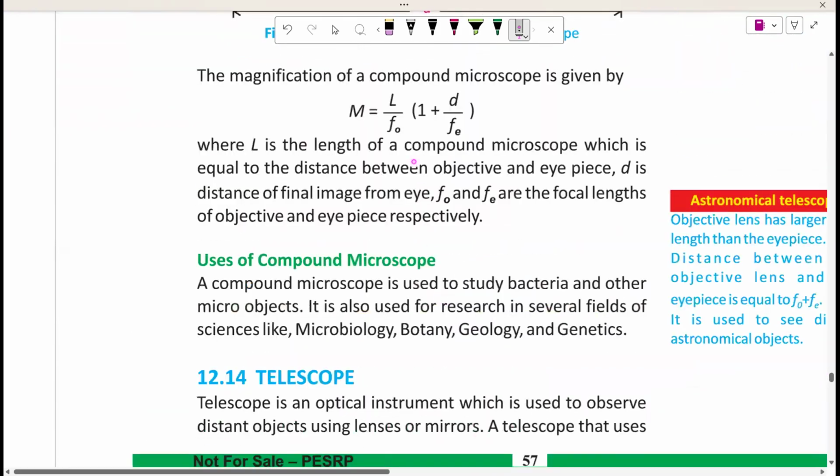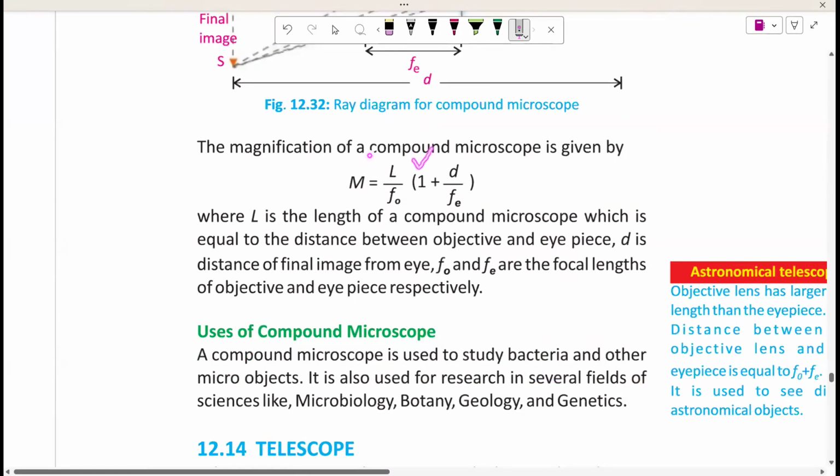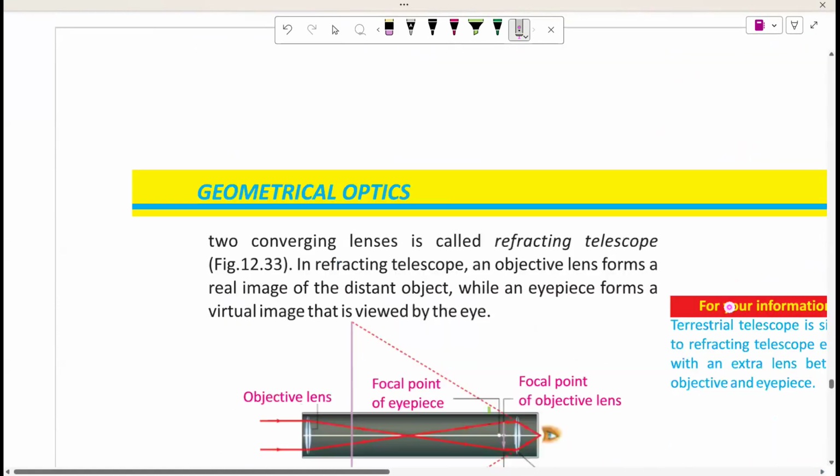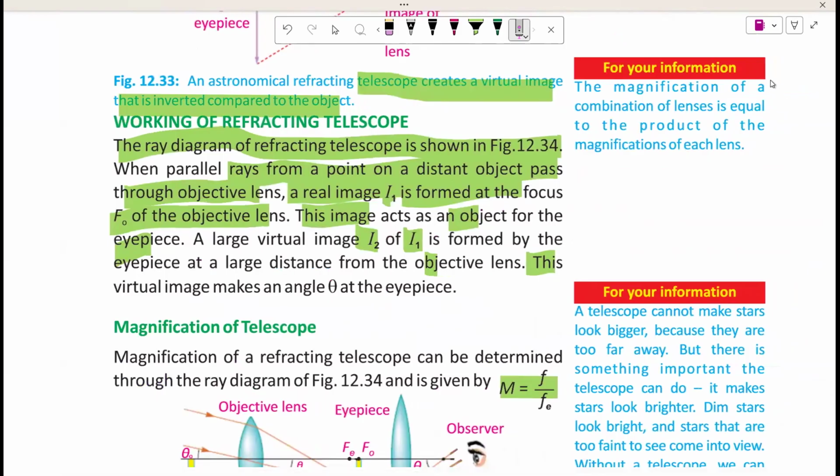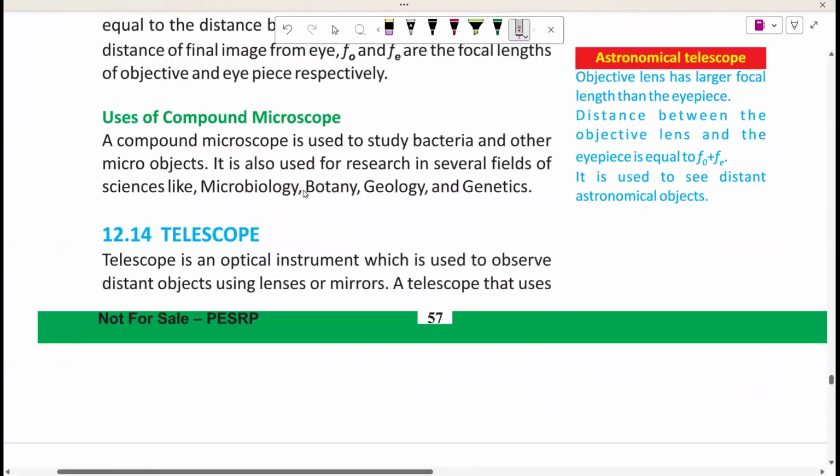और compound microscope के अंदर here we could see 1 plus D/F and L/F. So magnification of the eyepiece and objective lens, and the product they have mentioned here. The magnification of a lens is equal to the product of the magnifications.